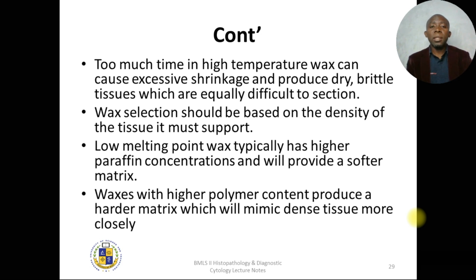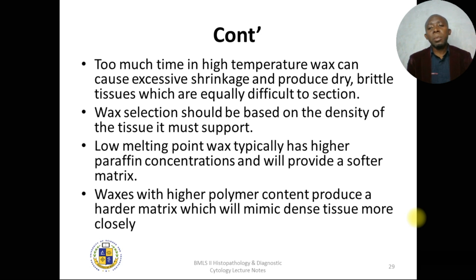You realize that the wax is also in different categories, and different brands of wax also may have different temperatures and different densities. So this is going to typically depend on the tissue that you're going to impregnate.